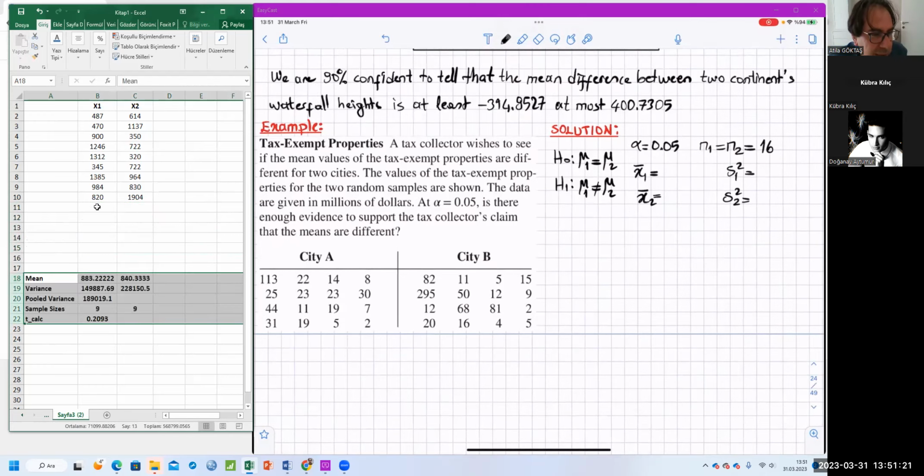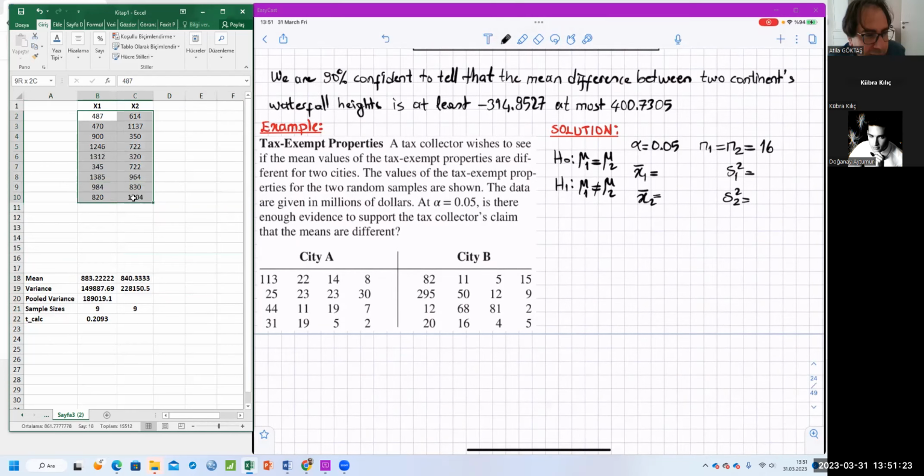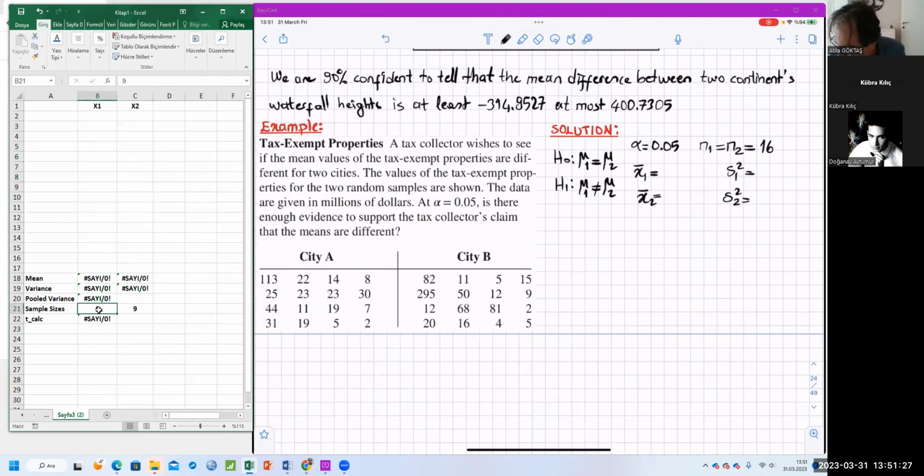That's it right here. So I'll delete all the stuff here. I know this is 16. We know the sizes are 16. I will just enter the data set: 113, the first sample, and the second one is 25. The next one is 44, and the next one is 31.